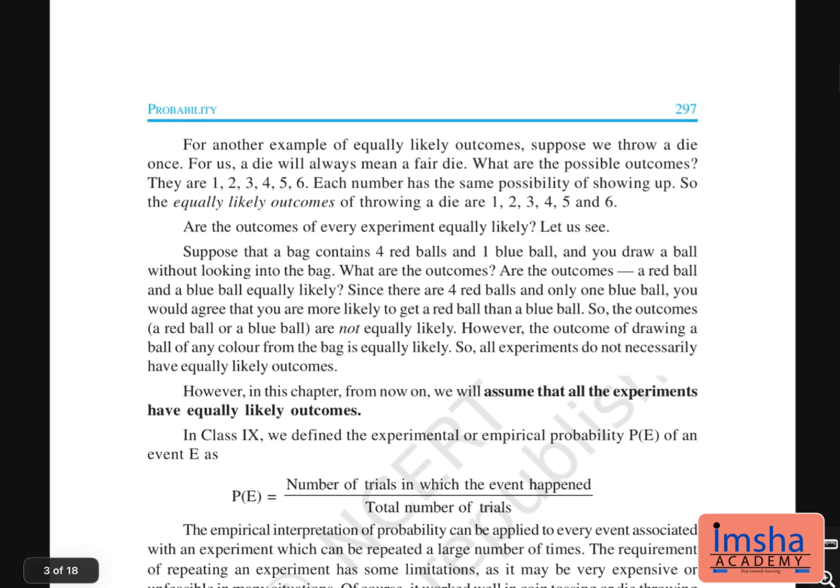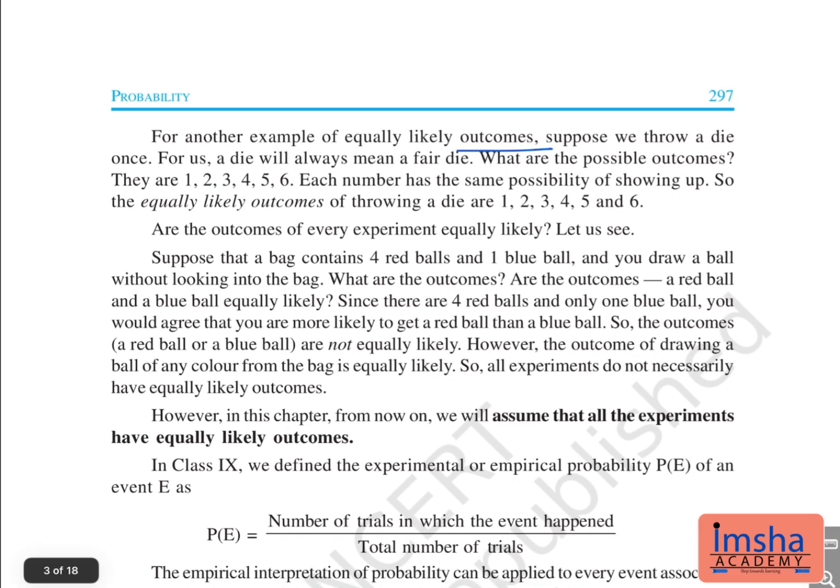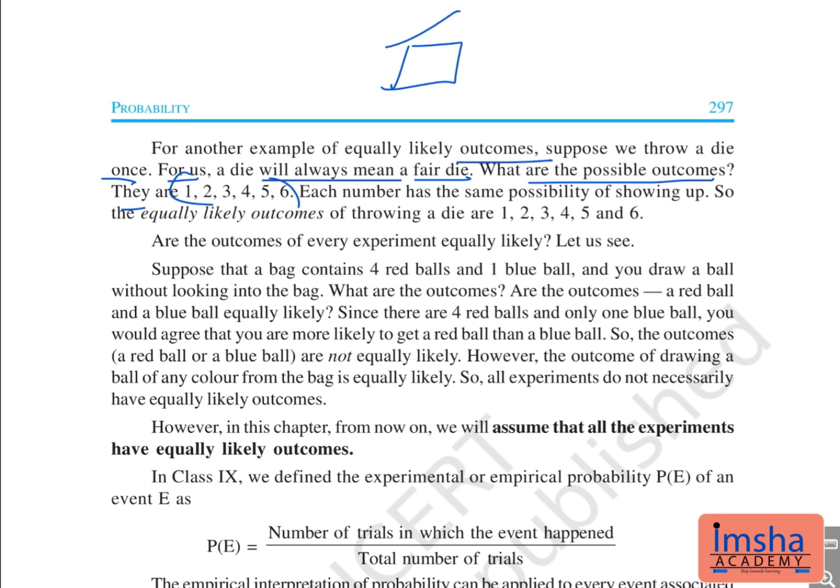For another example of equally likely outcomes, suppose we throw a die once. For us, a die will always mean a fair die. What are the possible outcomes? There are 1 to 6, right? A die is a cube having 6 faces: 1, 2, 3, 4, and on the backside 5 and 6.